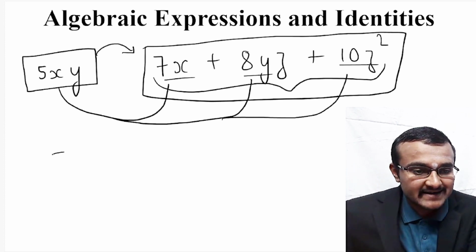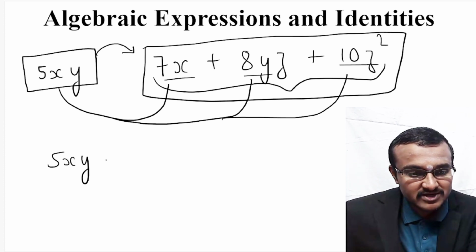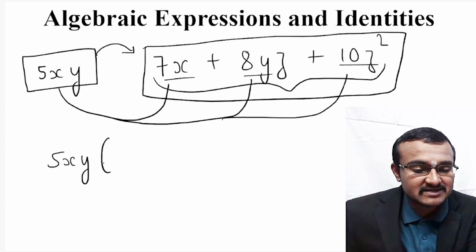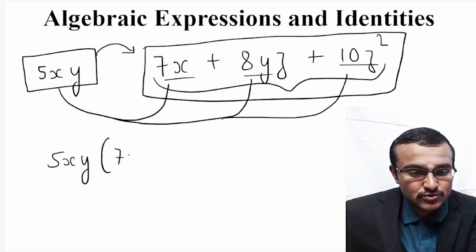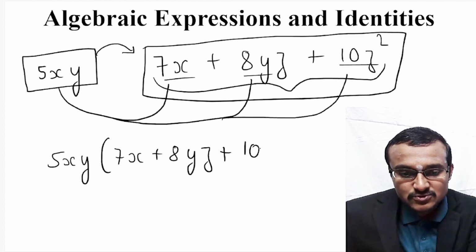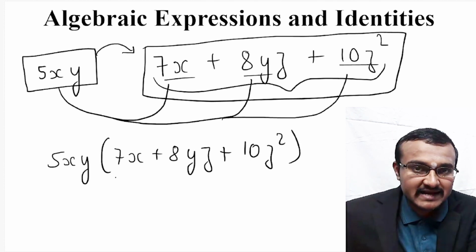So let us go on performing multiplication of this example. 5xy, if I am opening a bracket after 5xy, it means multiplication. So 5xy into 7x plus 8yz plus 10z square. This will be there in the bracket.